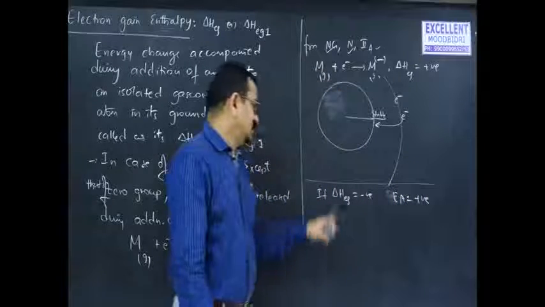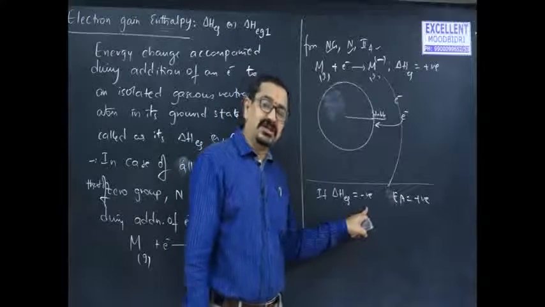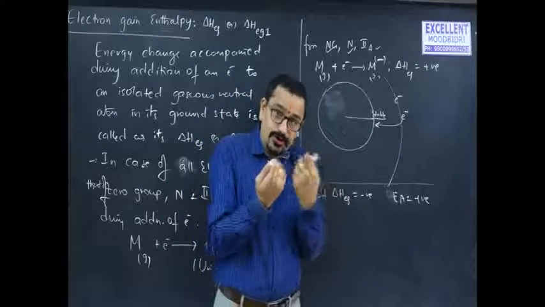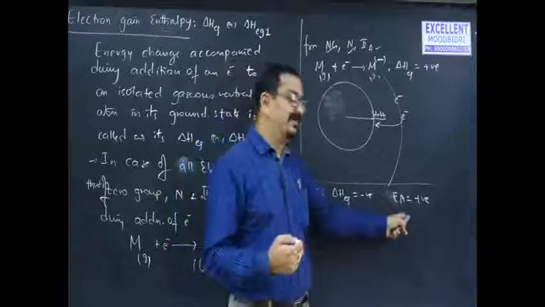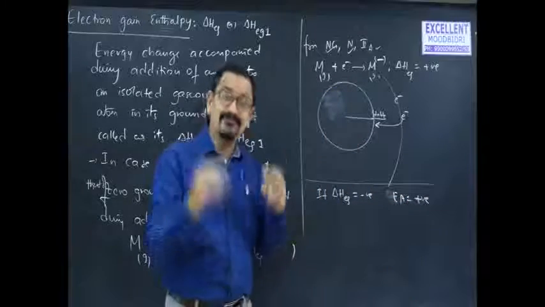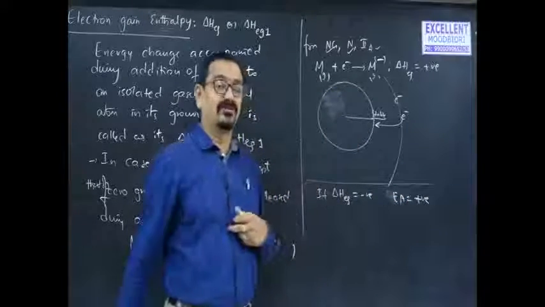What does it mean? Energy is released during addition of an electron, which means that element is more prone to gain an electron; it has a positive affinity to gain an electron. That is the notation you have to follow.